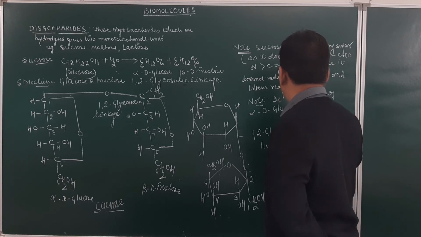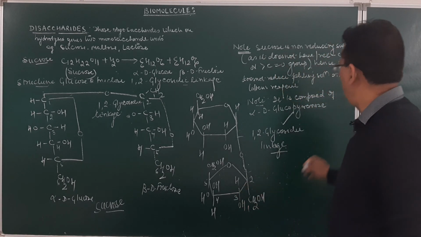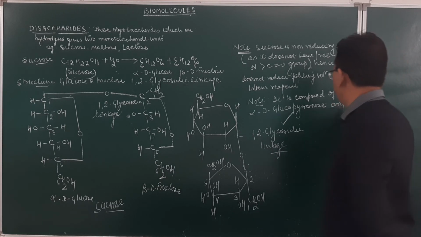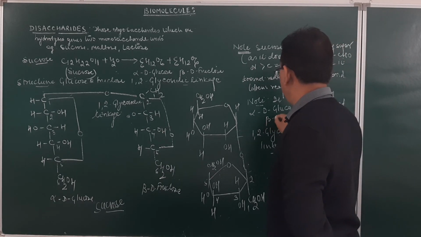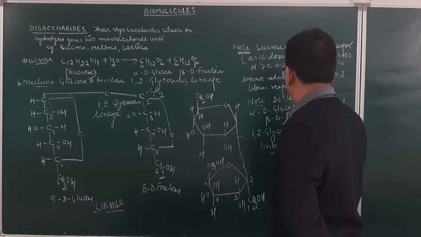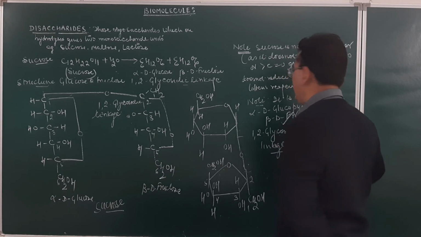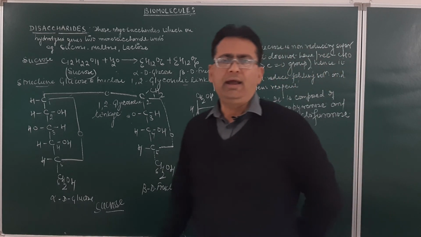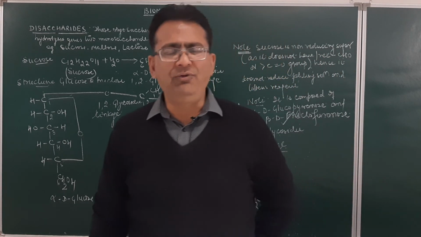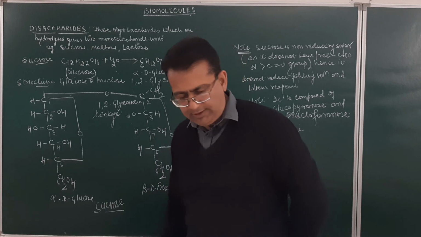Pyranose means 6-membered ring structure, and beta dextrofructofuranose. What is the linkage? Alpha or in fact 1,2-glycosidic linkage.